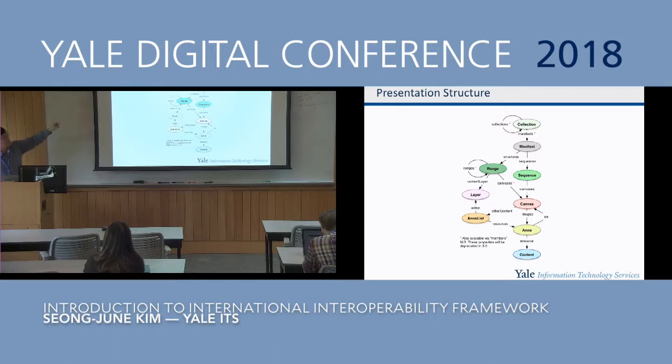The centerpiece is the manifest, but there can also be a collection of manifests, multiple manifests, or a collection of collections, so it can be hierarchical. Then it has a sequence of images, the canvas, and a canvas is the equivalent of what you have in drawing programs like Adobe Illustrator.